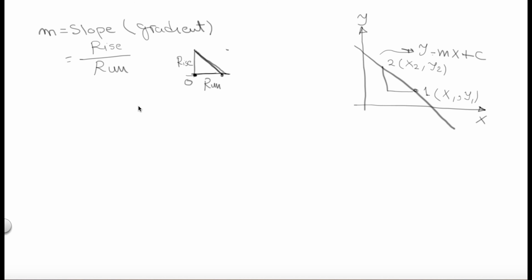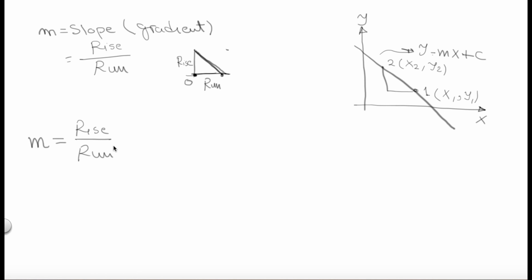So the slope is calculating the ratio between the rise and the run. As we point here, we have point 2 with x2, y2 coordinates and point 1 with x1, y1 coordinates. So we could write m in mathematical form. As we said, m is rise over run.